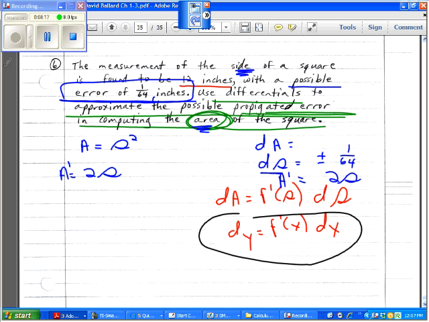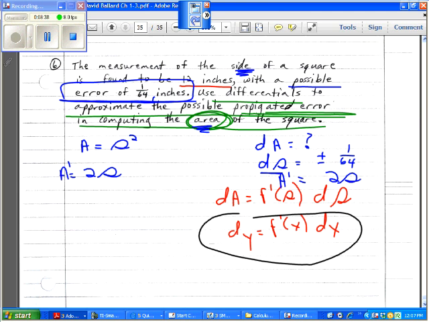There's my differential side or my change in side, the amount of error that I had there, my delta x. And so I'm looking for dA. How much error would that create in the area? So differential A, change in A.